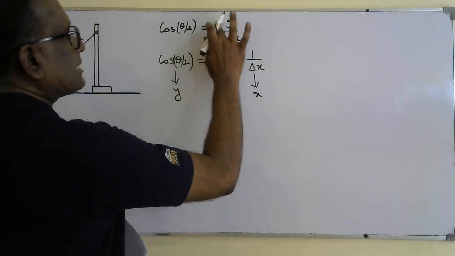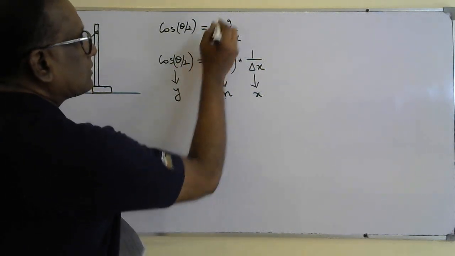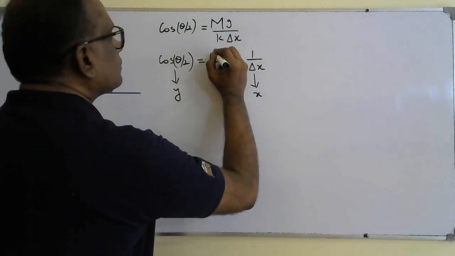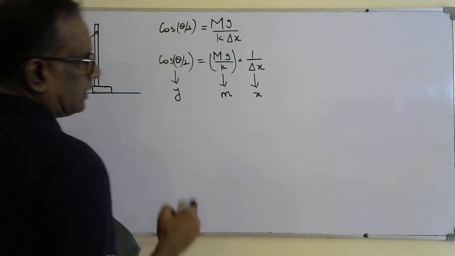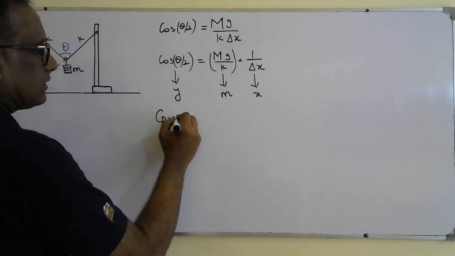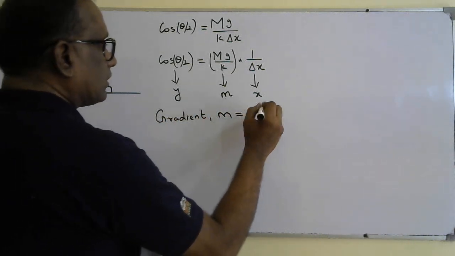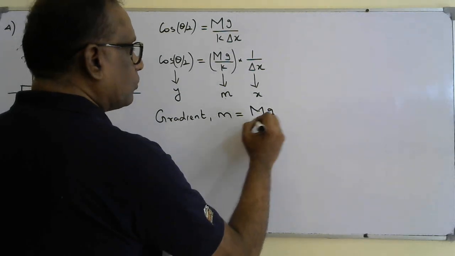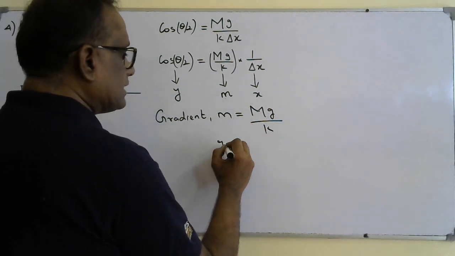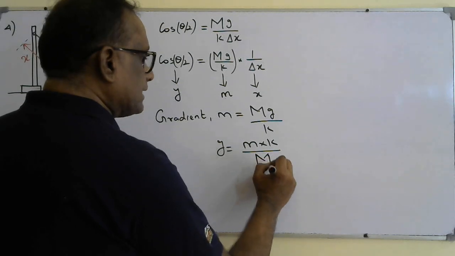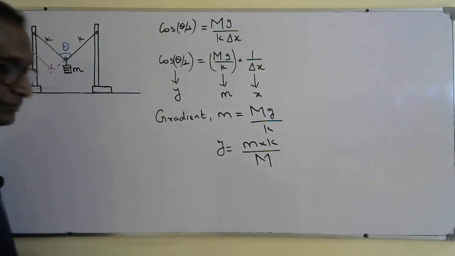I'll put this as capital M because the gradient and the mass would be confused. So the gradient M is equal to mg over k. So g is going to be capital M times k over m. Hence, we can find g. Okay.